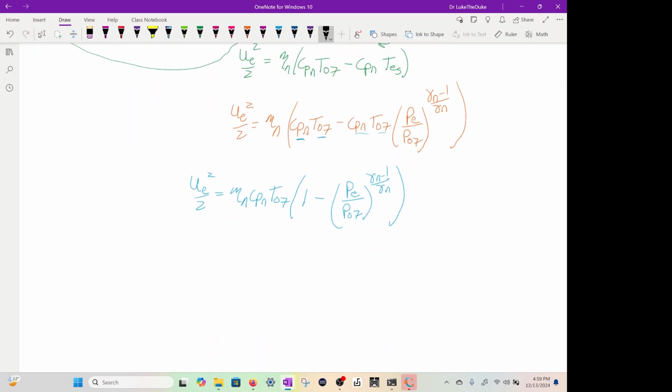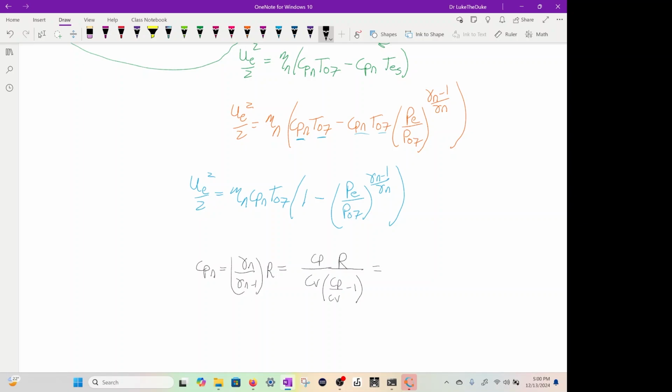And also, I want you to know that C_PN equals gamma_n over gamma_n minus 1 times R. How? Well, gamma_n is C_P over C_V. We have R at the top, and at the bottom we have gamma_n, which is C_P over C_V, minus 1.